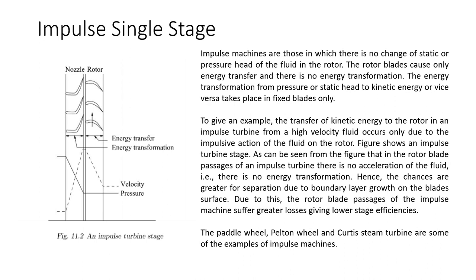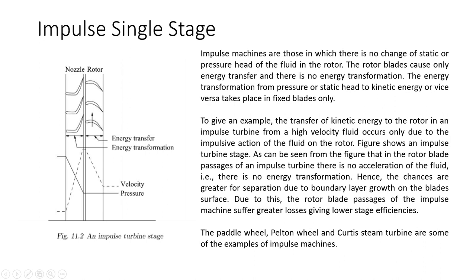Your stator blades will act like nozzles, correct? They aim at increasing the velocity before striking the blade, be it impulse or reaction. Before it enters the rotor blades, the velocity will be increased. If you look at an impulse stage, this is your stator blades and this is your rotor blades.